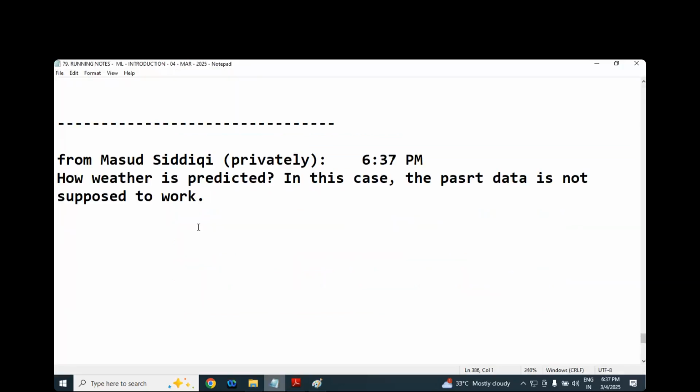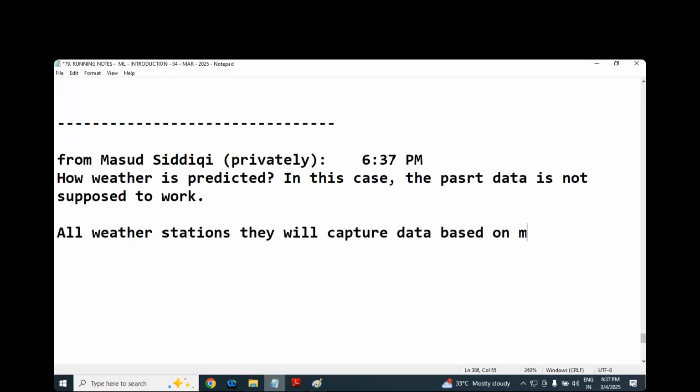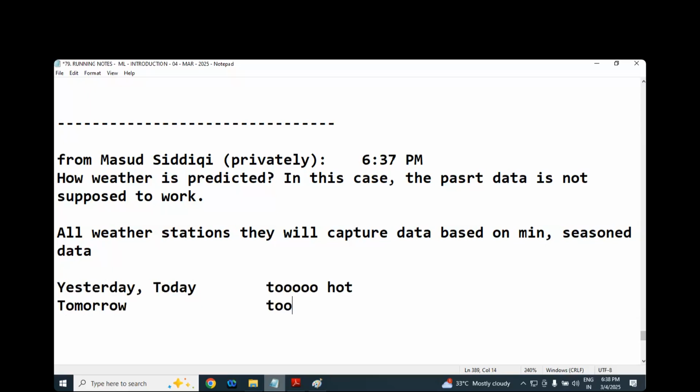Best example, sir: all weather stations capture data minute-wise, and at the same time season data also, since we have different seasons. Yesterday the climate was too hot. Yesterday's climate and today's climate in Hyderabad are too hot. Talk about tomorrow, do the prediction. No doubt at all, too hot.